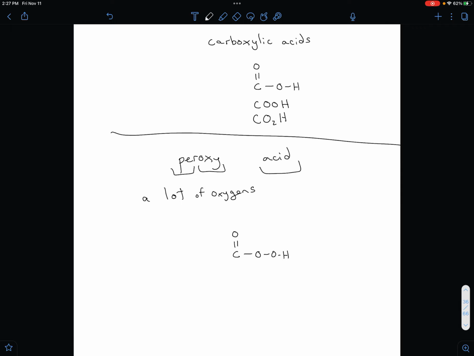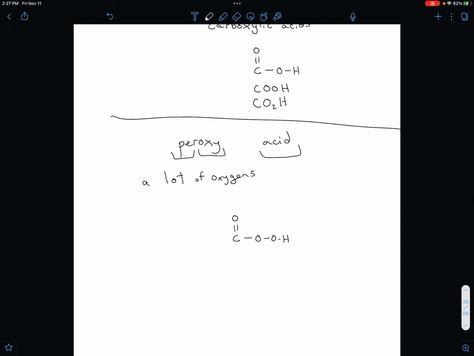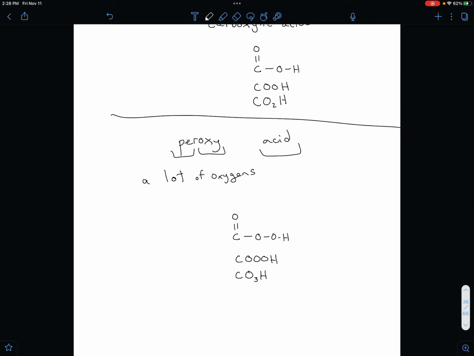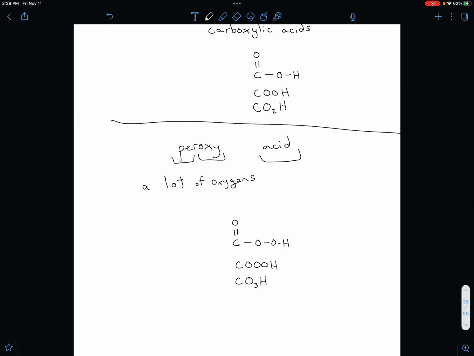And so you fit another oxygen in that area. And this can be abbreviated in a few ways. You could have 3 O's and an H. You could have CO3H. These abbreviations tend to be more common in standardized tests because they don't want to use the printing space that it takes up to draw the whole structure out. So that's how you'll recognize a peroxy acid.